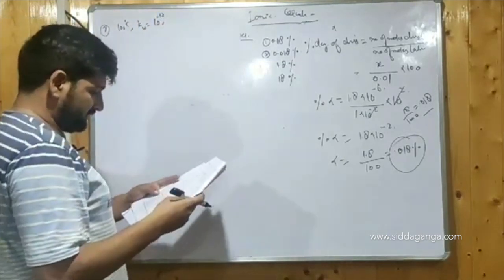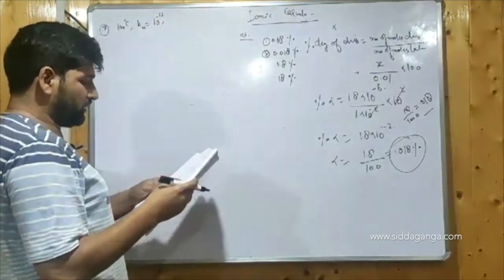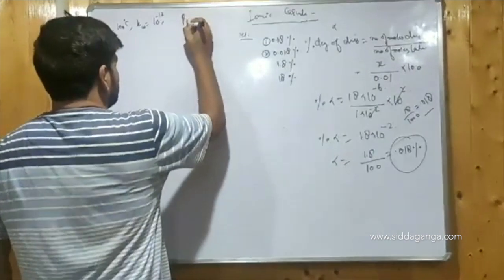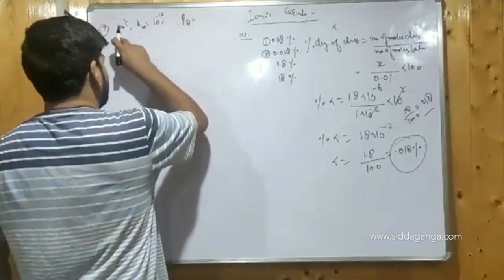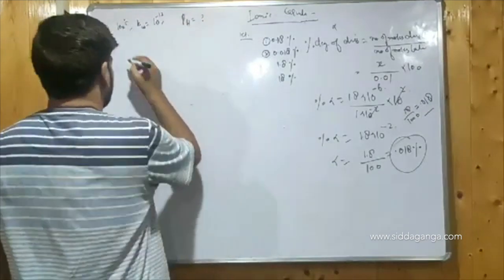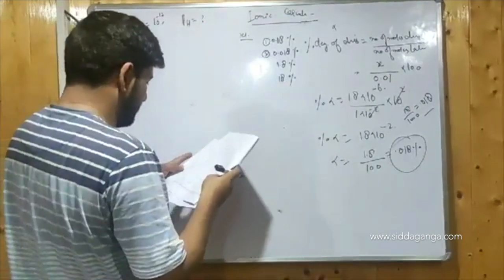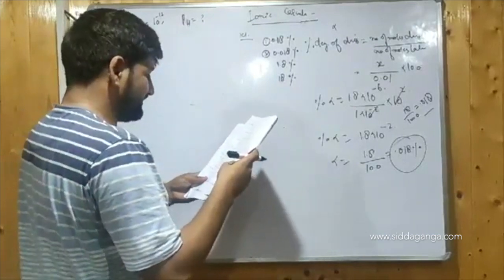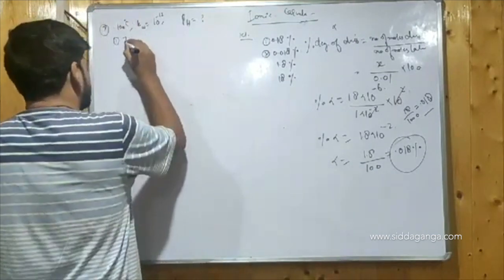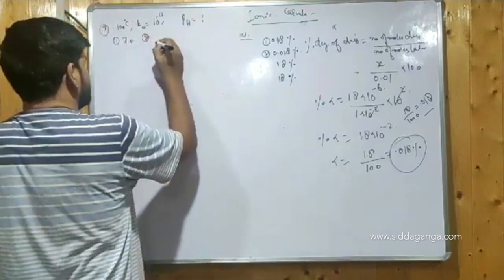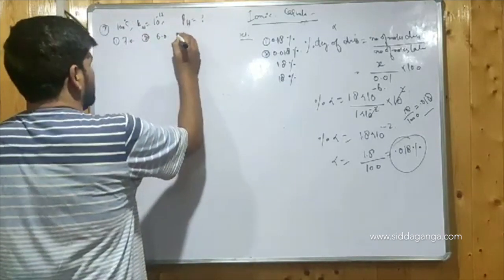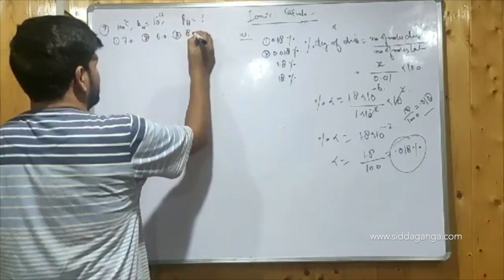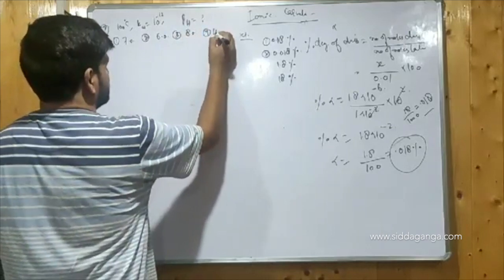Okay, good. The pH of pure water at that temperature will be, options that have been given to us are 7, 6, 8, 12. Option 1 is 7, option 2 is 6, option 3 is 8, and option 4 is 12.